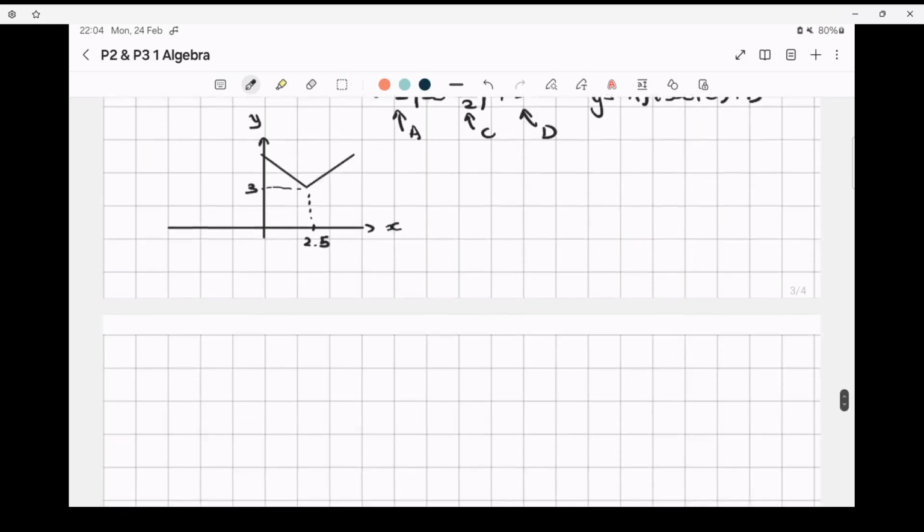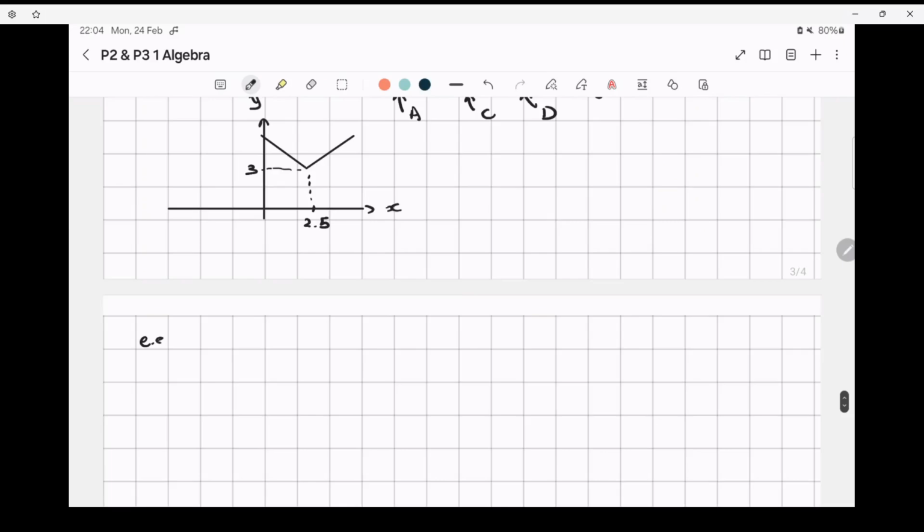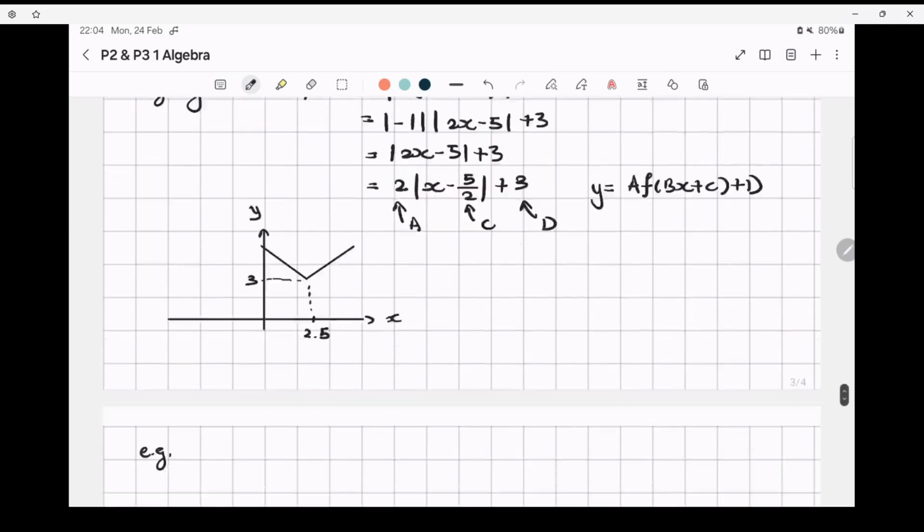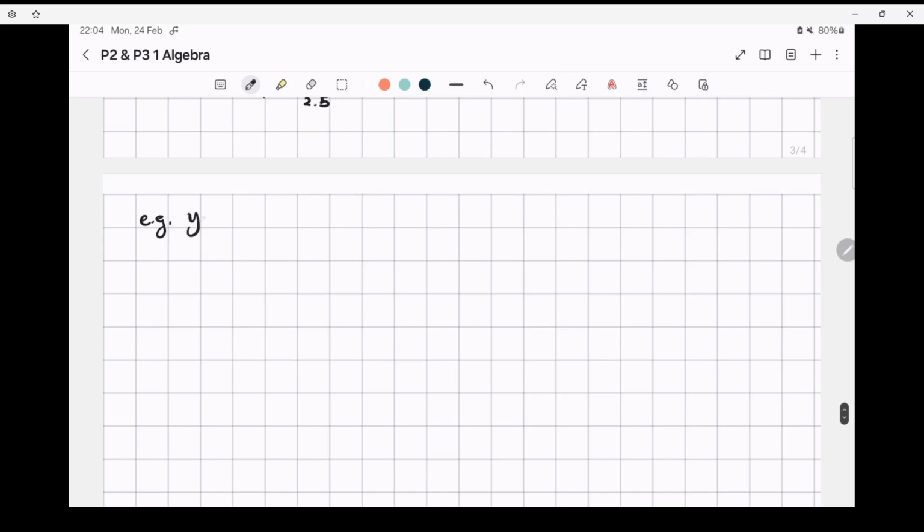So finally, I would like to introduce a very specific example. You have a 2 modulus equation adding up together. So how do you plot this?